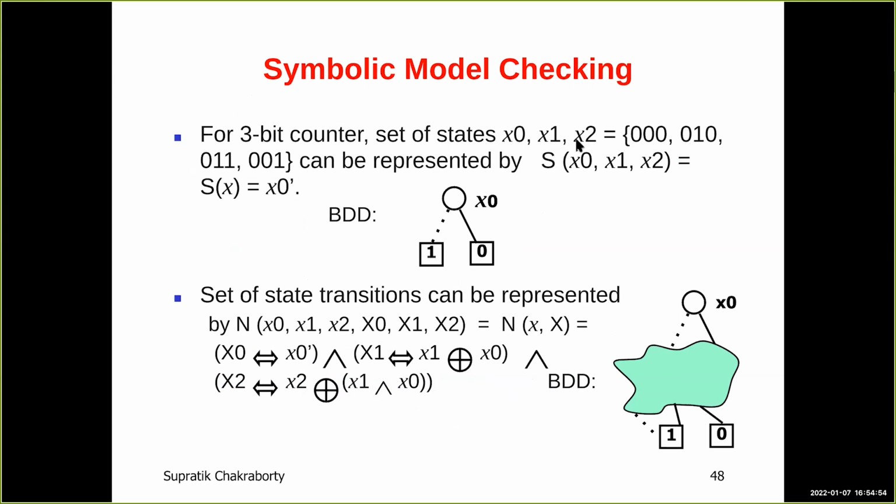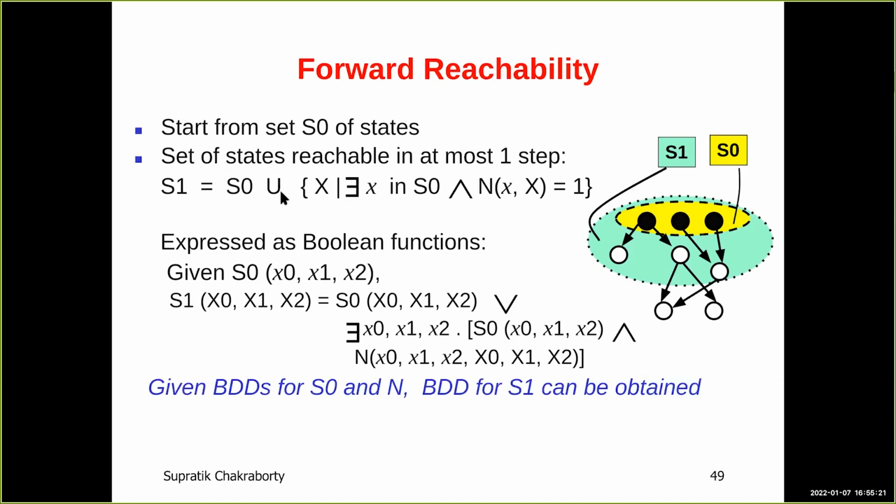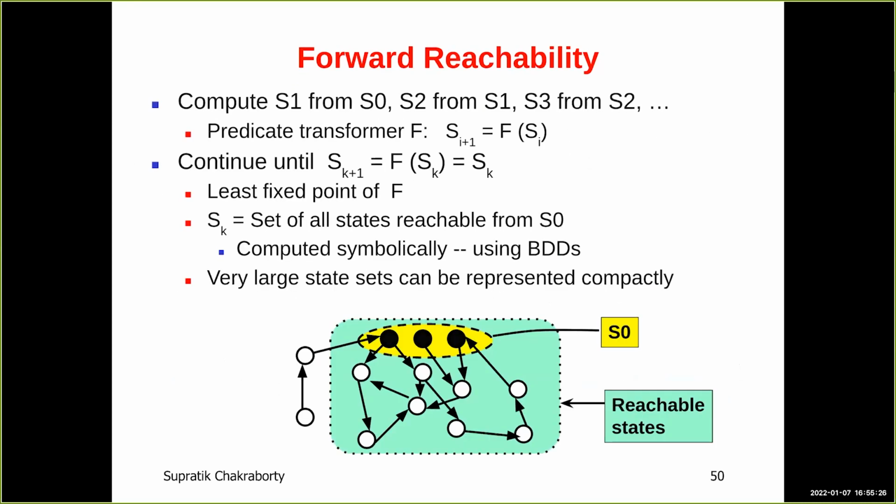Think about it: if there were 100 state variables, x0 to x99 maybe, this formula x0 prime represents all of the valuations of the 100 variables in which x0 is false. So it represents a set of 2 raised to 99 states. The size of the state set is very large, but the formula representing it can be very small. And that's what we have achieved through this technique.